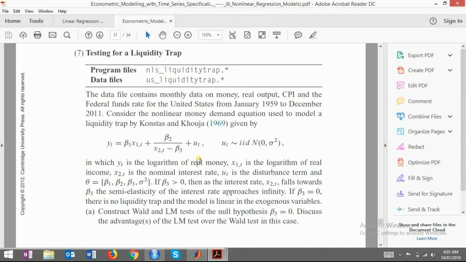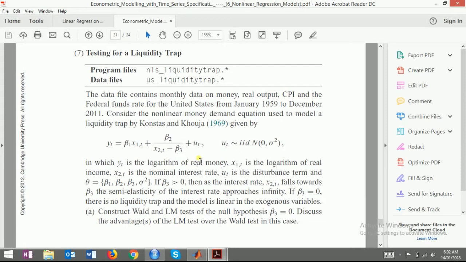sigma square. If beta 3 is greater than 0, then as the interest rate x2t falls towards beta 3, the semi-elasticity of the interest rate approaches infinity. If beta 3 equals 0, there is no liquidity trap, and the model is linear in the exogenous variable.